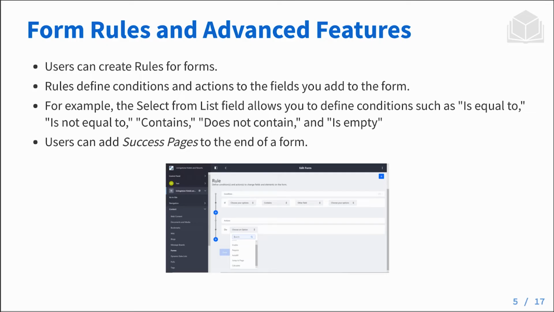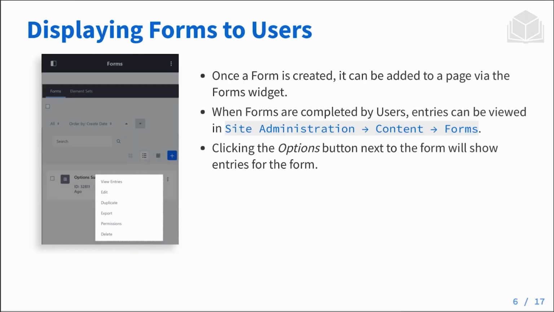Okay, so we can set up some logic in the form builder itself without needing any code necessarily. And we also have the ability to set up a success page as well. So once a user is done filling out the form, instead of it just submitting and then going back to a blank form, it can bring them to a success page where we can write them whatever message we'd like. Something like, thank you for filling out the form. Maybe we'll get back to you in due time or something along those lines.